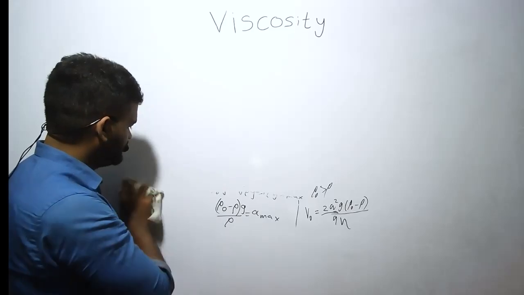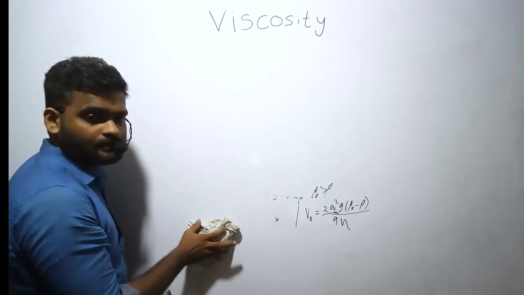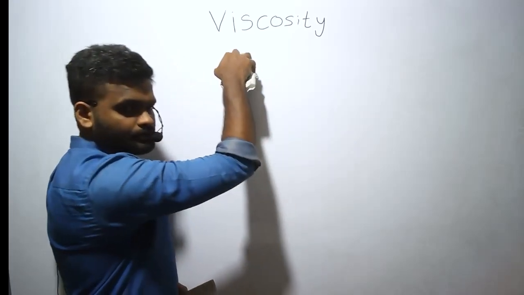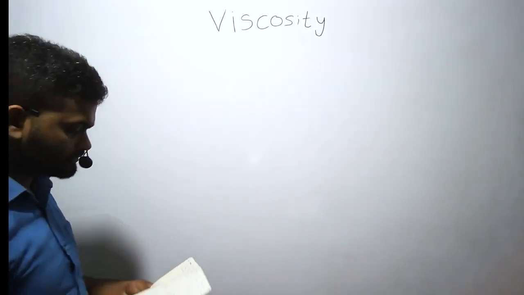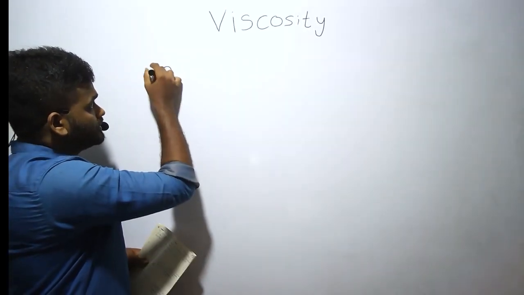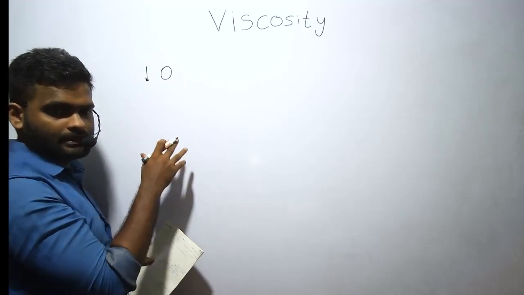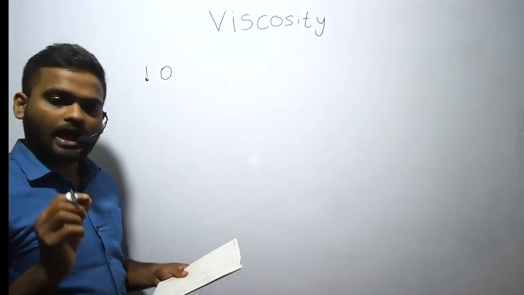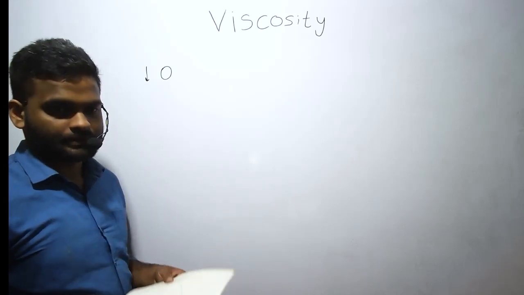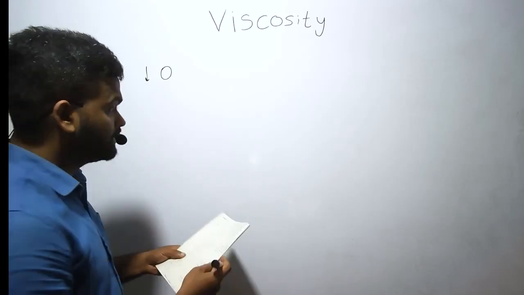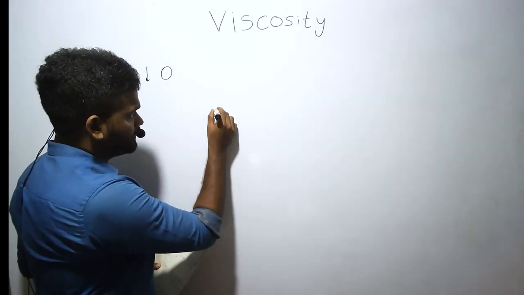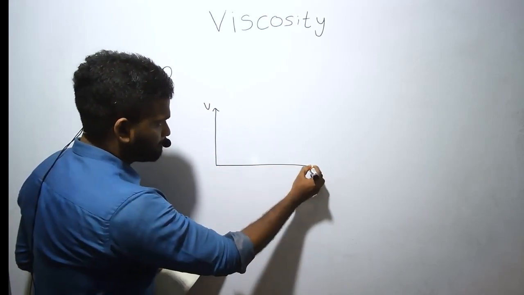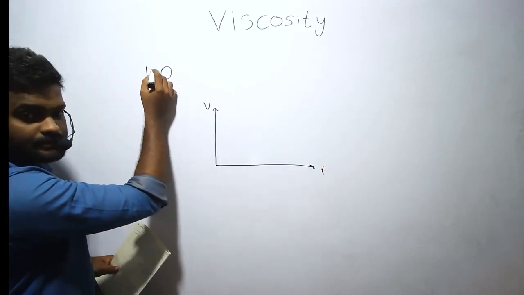Then we have to go for graphs. If you get an object falling through a liquid, you need to get graphs. First, I'll draw the velocity time graph. It is somewhat easy. Now listen carefully. So the object is falling down.